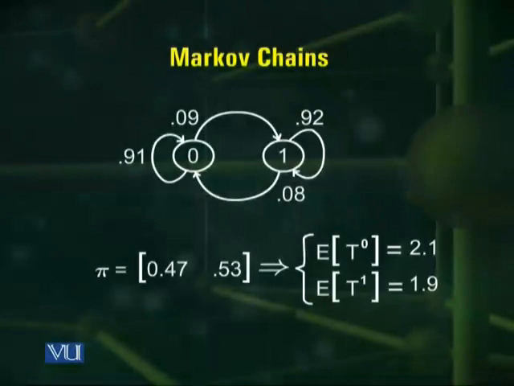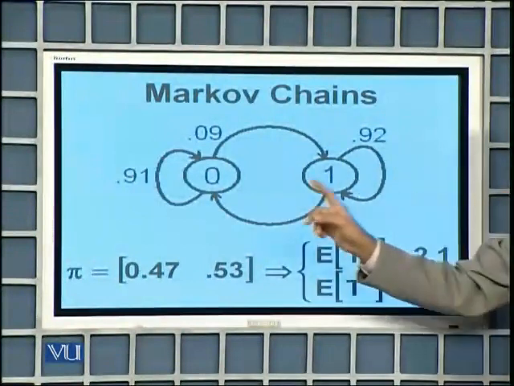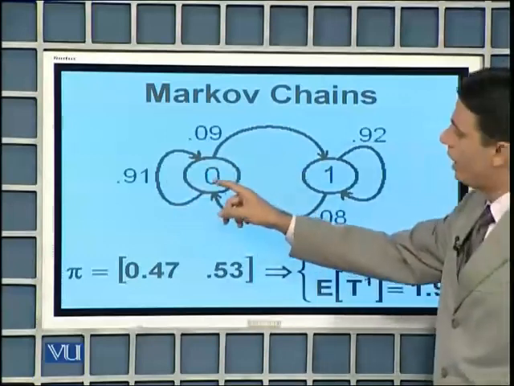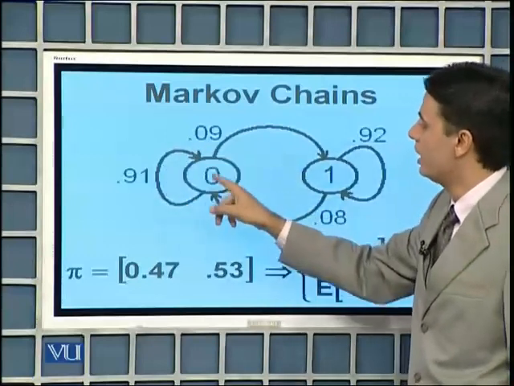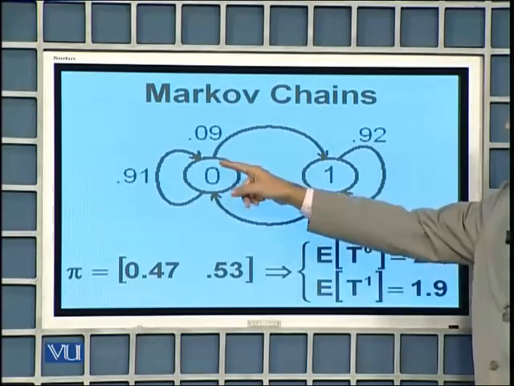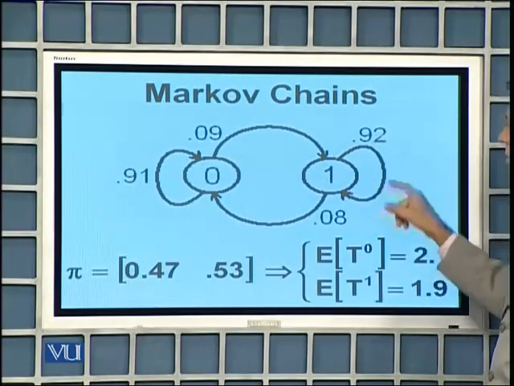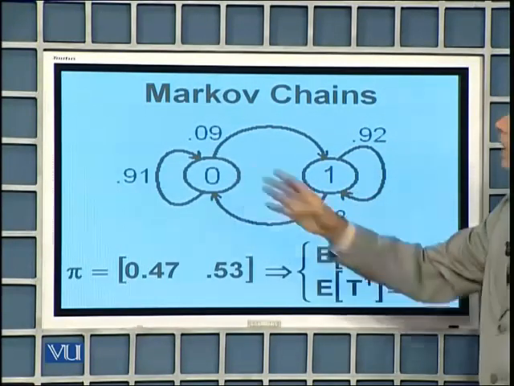But if you look at this new scenario where probabilities Q and P are very small, then more of the jumps are like this. Let's look at state 0. It's quite often the case that you will stay in state 0, and again stay in state 0. But if by chance you move to state 1, then you are going to stay in state 1 for quite a large number of jumps before you come back.